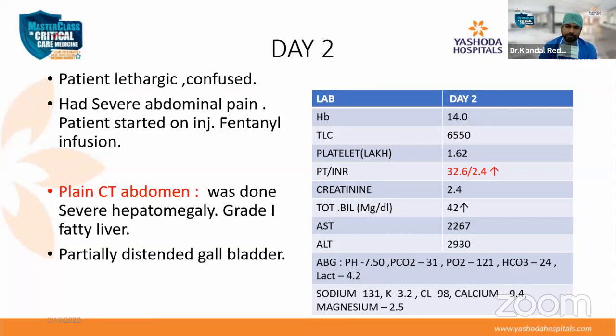What else? Coming to CNS, we'll monitor the GCS and pupils. Coming to the CVS, we'll monitor heart rate and BP. Respiration, we'll monitor the saturation levels. From the liver and kidney, we'll monitor the urine output, and we'll check the sugar levels every 6th hourly. We'll check the GRBS.